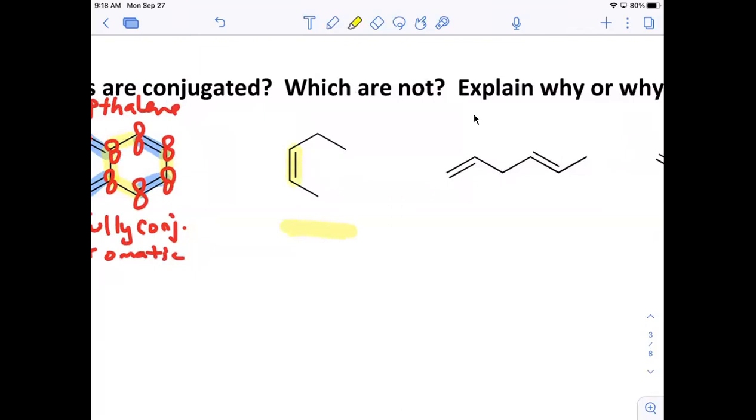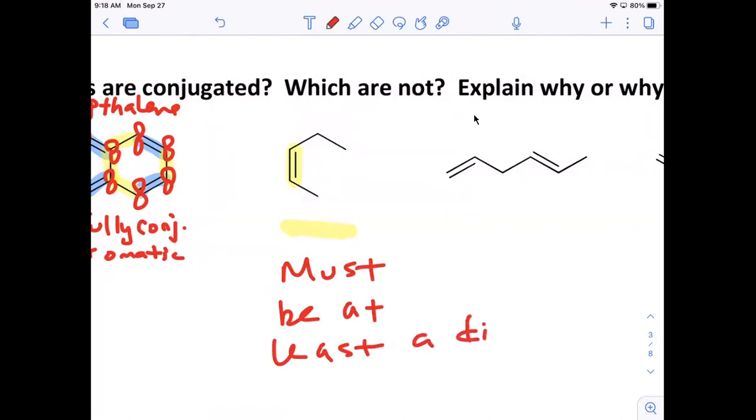All right, what about here? So where's my other pi bond? In order for it to be conjugated, I need at least two pi bonds. So it's got to be at least a diene.